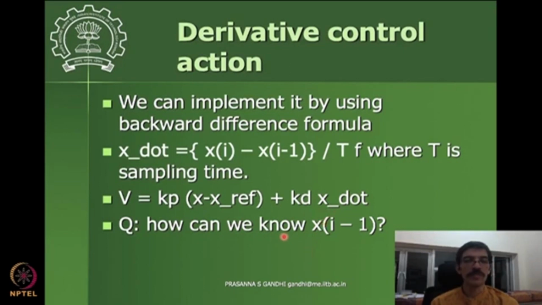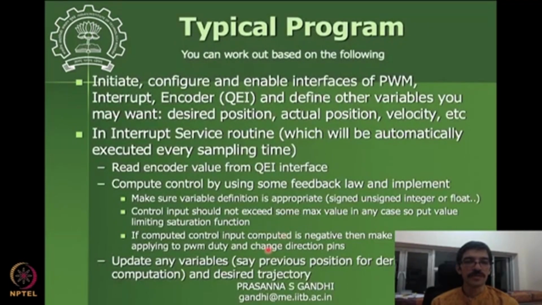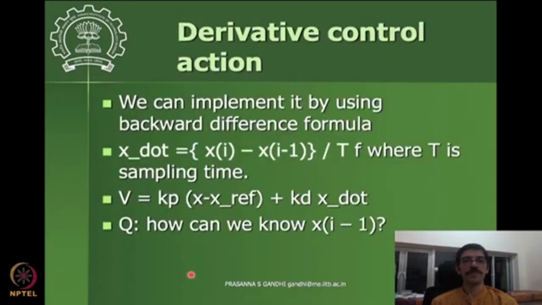So we update these values to make sure that our previous values are available. As I said, update any variables: x previous will get updated to x current, so the current value becomes the previous value for the next sampling instance. That is the thinking philosophy one should use. If you want one, two or three previous values, you can do that the same way.